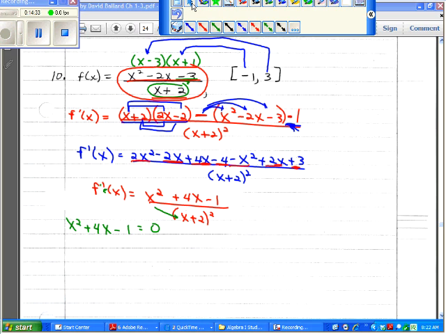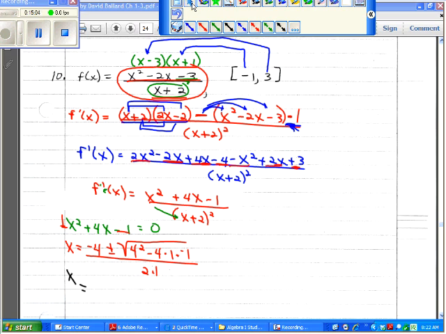So to solve this quadratic, it's not going to factor, so we're going to have to use the quadratic formula again. So we're going to have x is equal to the opposite of b, negative 4, plus or minus the square root of my b value of 4 squared, minus 4 times my a value, understood 1, times my c value of negative 1, all over 2 times that understood a value of 1.